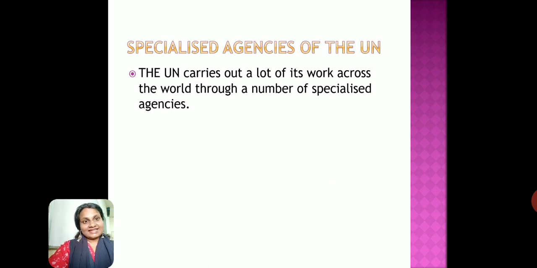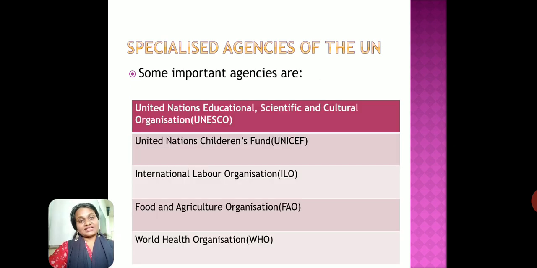Now, like I said, the United Nations carries out different kinds of activities through these different organs. Apart from these, to take care of more details, they have other specialized agencies who take care of specific needs of the world. Let's have a look at what they are. So you have the United Nations Educational, Scientific and Cultural Organization, which is UNESCO.